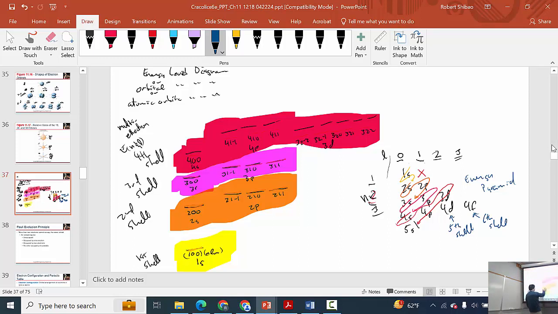Now the s orbitals are spherical. And so the 1s orbital is kind of small, like this. The 2s orbital is going to be bigger, but spherical. And when I say spherical, this is a probability boundary here. The 3s are going to be bigger, it's more energy.